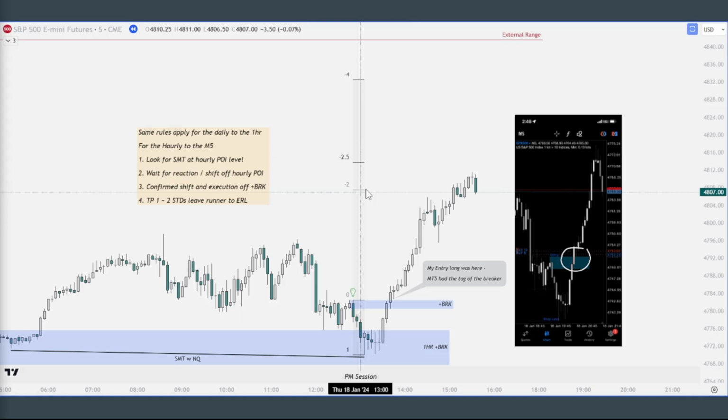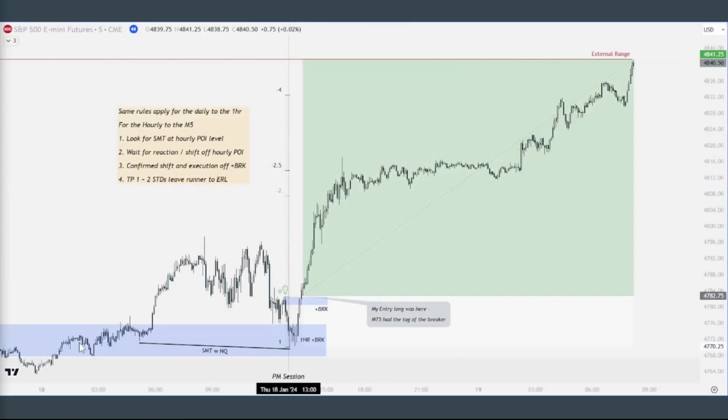Then you could leave a runner, a piece of your position, for higher targets, such as this external range liquidity pool. Fast forward to the completion of the final take profit, which is that external range liquidity pool. You can see we reached there smooth and sure.